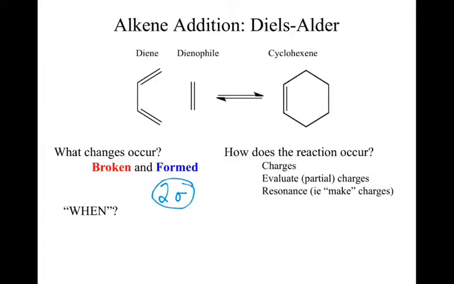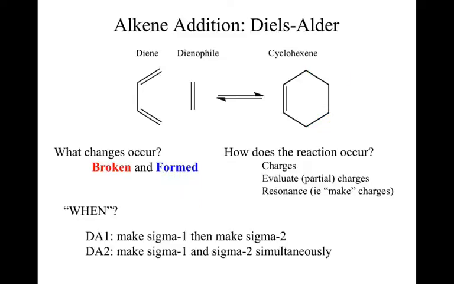The next part of our question when looking at a mechanism is, when did these sigma bonds form? Because really we have 2 different ones. We could call it sigma 1 and sigma 2. So now the when question is really looking at our mechanism. Well, only 2 things happened here. This should start ringing bells from when 2 things happened before, like a leaving group leaving and a nucleophile forming a bond, like our substitution reactions.